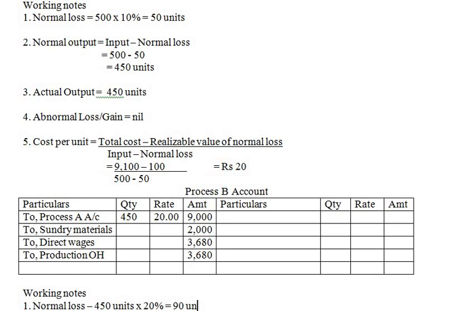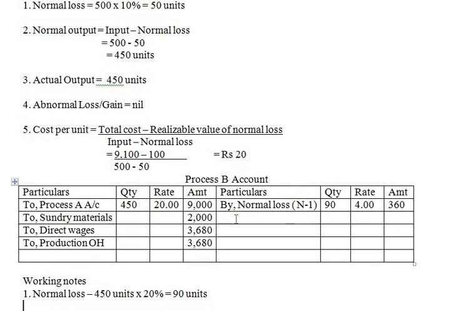Now here by normal loss, in bracket you can write note number 1. Quantity is 90 and the rate is already given in the problem, that is 4 per unit. So 90 into 4, 360.